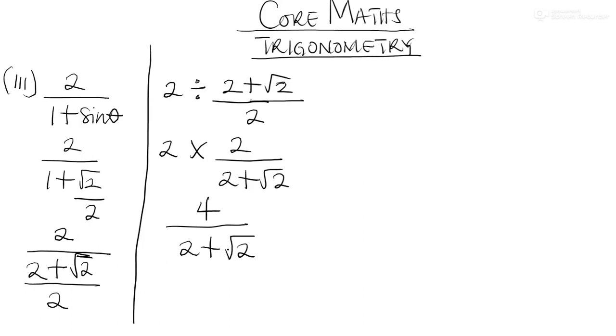Rationalize. Okay, so with this one, because there are 2 terms, we rationalize by using the conjugate of the denominator. If it were just a single term involving a square root, we would multiply the numerator and the denominator by that same term.